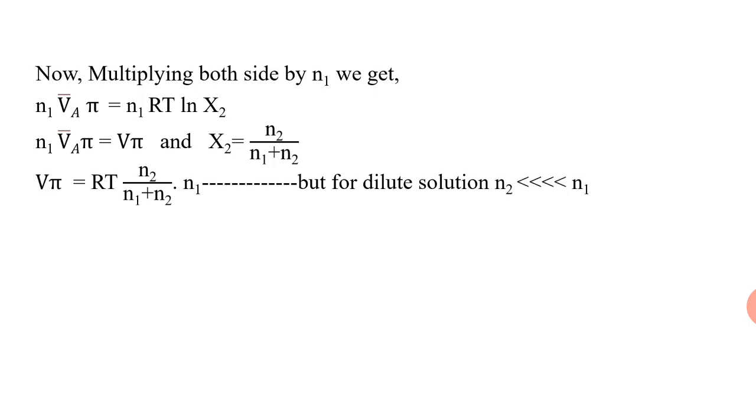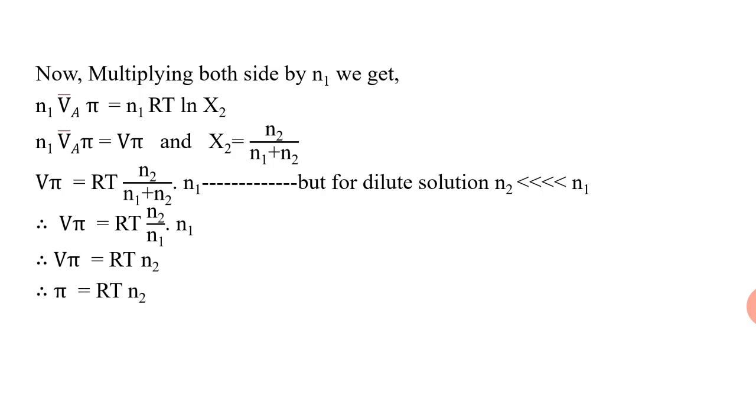But for a dilute solution, n2 is very less than n1. We get again V pi is equal to RT n2 upon n1 multiplied by n1. So here n1 is present in the numerator and denominator and gets cancelled, and we get a new equation, that is V pi is equal to RT into n2.